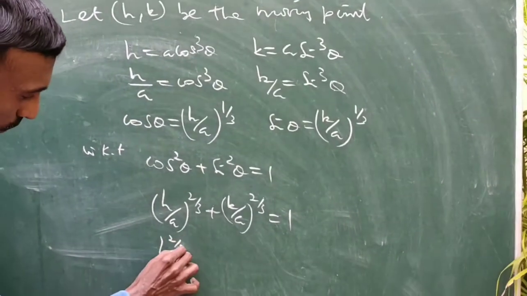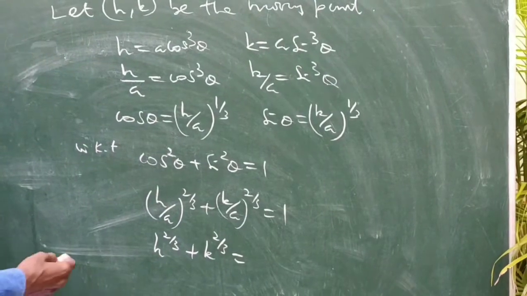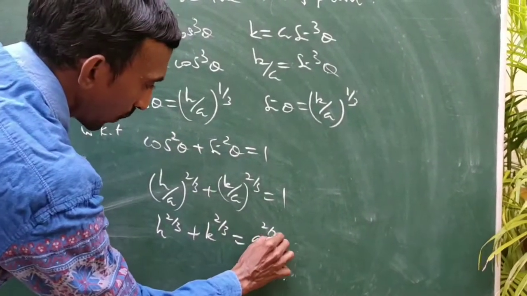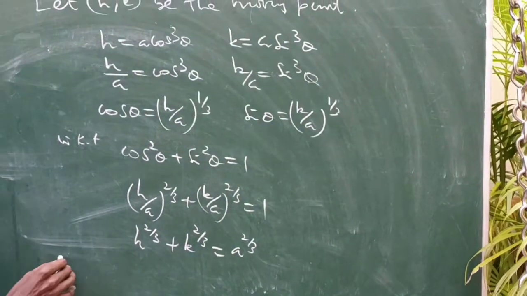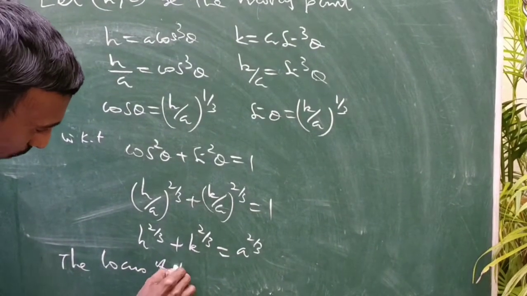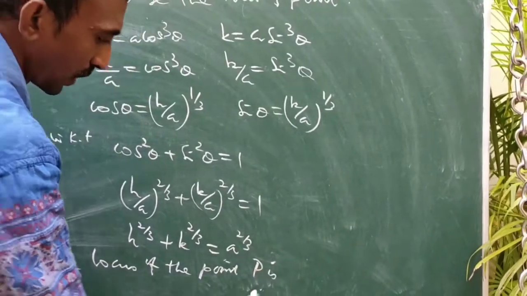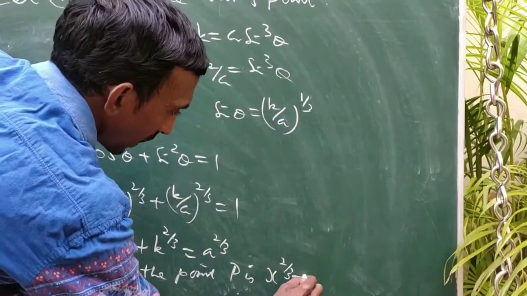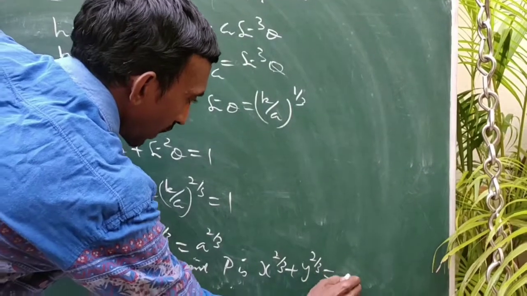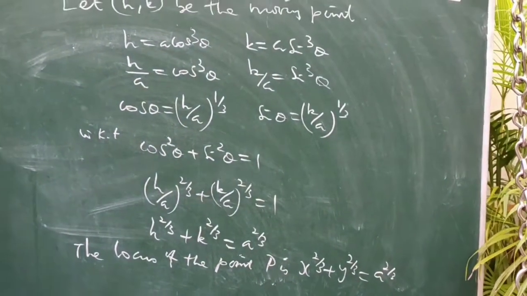So h power 2 by 3 plus k power 2 by 3, by the same denominator, we can cross multiply, a power 2 by 3. So the locus of the point P is, we have to write the general equation, x power 2 by 3 plus y power 2 by 3 equal to a power 2 by 3.